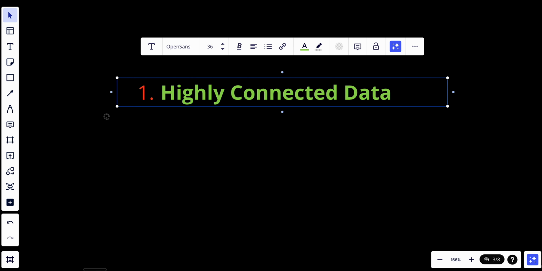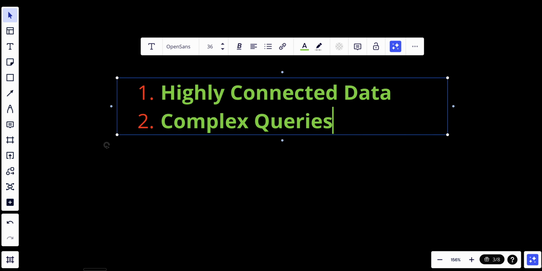It will be great to use this one. We will say, when you have complex queries. When you need to perform complex queries that involve traversing relationships or finding patterns within the data, a graph database can simplify and speed up these operations.